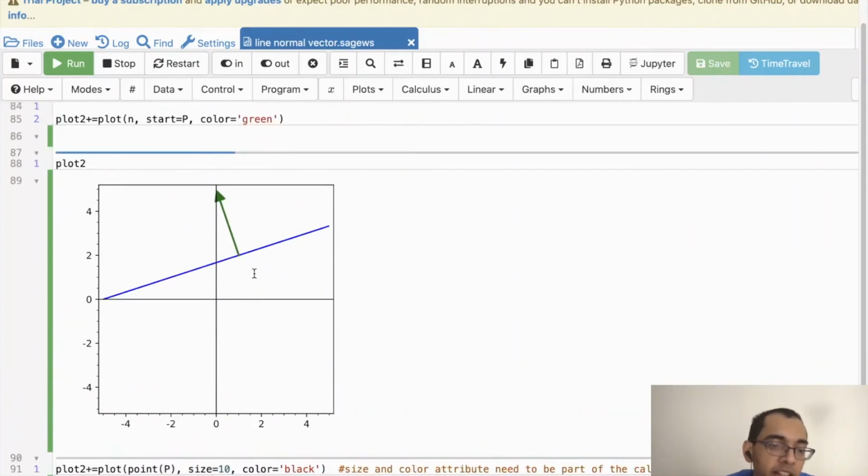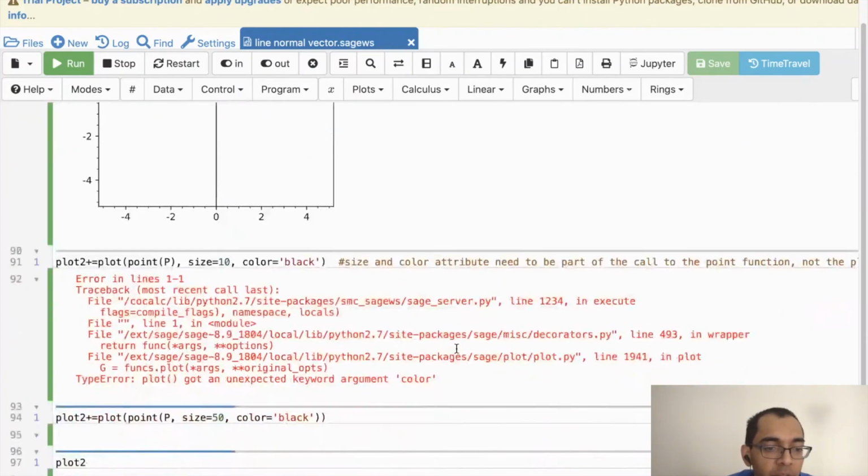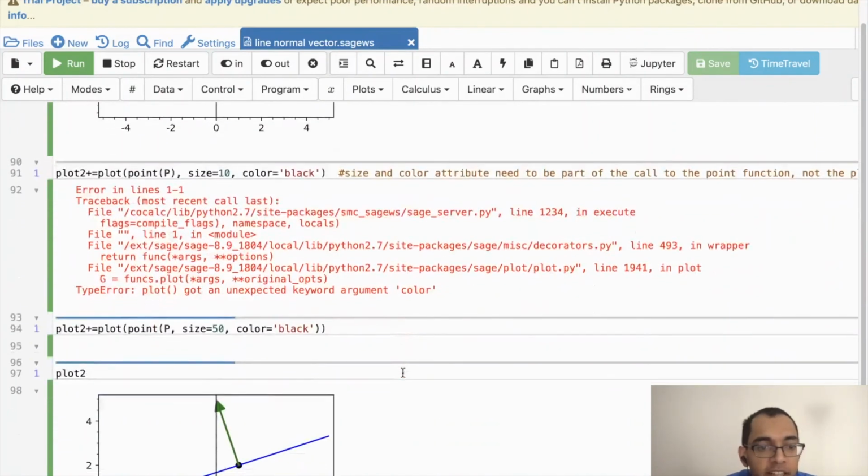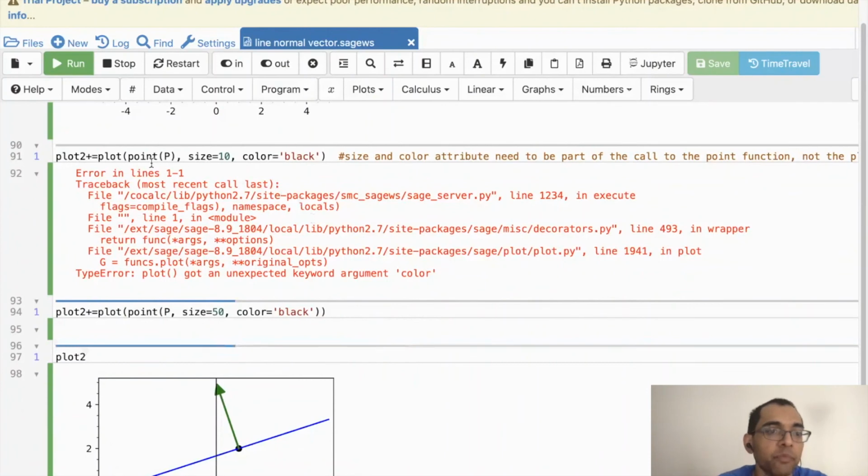Now I also wanted to add in the point p, (1, 2), and when I tried entering that code, I got an error. So what did I do? I plotted the point p, and I wanted to make it a bit bigger dot, so I said size equals 10, and chose the color to be black, and I got an error. It's almost correct, but the issue is that the size and color attributes, when plotting a point, need to be part of the call to the point function.